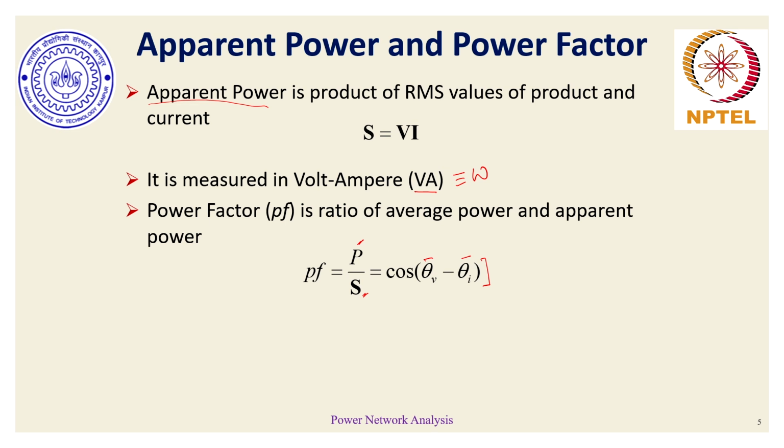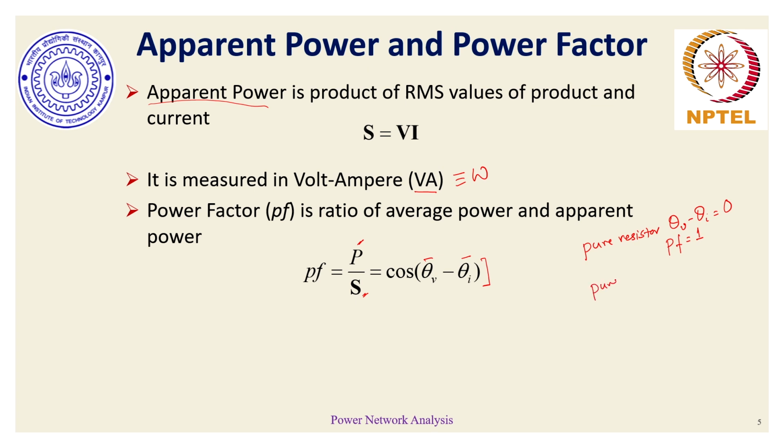And both these phase angles are to be measured on a common frequency reference. So, if we were to evaluate power factor for a pure resistor, then for a pure resistor, as was shown in the previous slide, the phase angle difference is perfectly 0, and hence power factor for a pure resistor would simply be equal to 1.